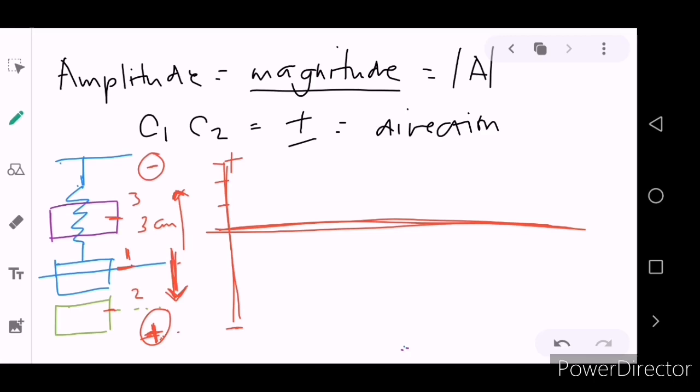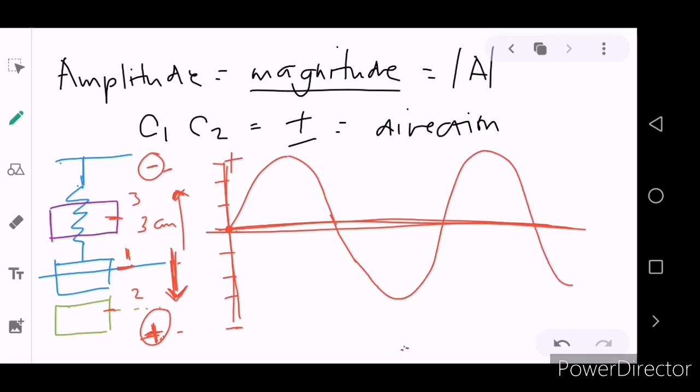Pagdating natin sa point na ito, from the datum line 0, may amplitude tayong 3. And then, from point 2, babalik tayo sa point 1, balik tayo sa 0. Papunta naman tayo sa point 3, which has a negative compression of also 3 cm. 1, 2, 3. And then, so on and so forth.